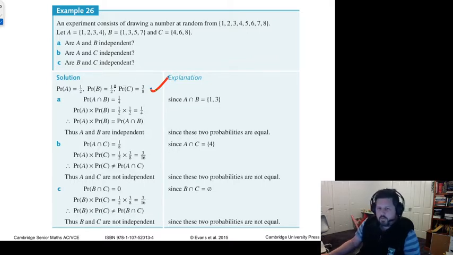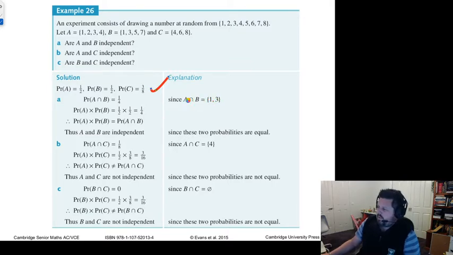So first of all, let's work out here, are A and B independent? Okay, so first we need to find out what the probability of A intersection B is. So the probability of A intersection B, these are the things that overlap that are in both A and B. Yep. So here if we look at the sets A and B, the numbers 1 and 3 are in both of those.